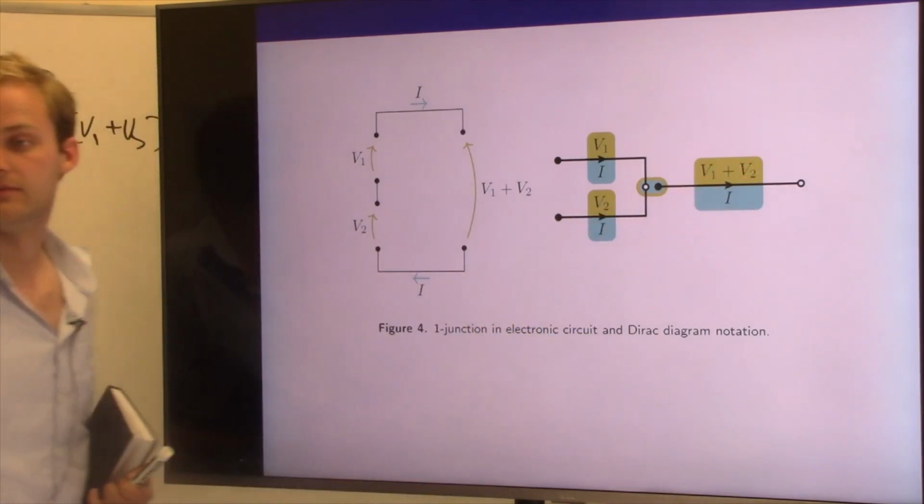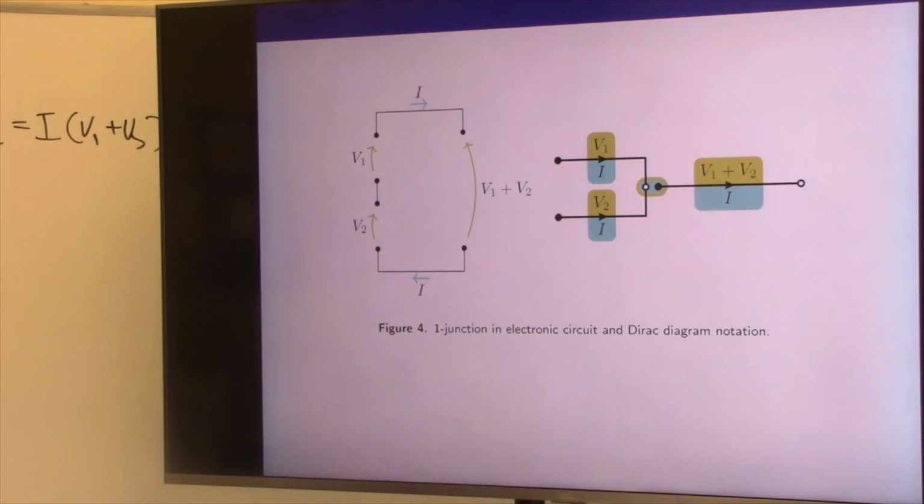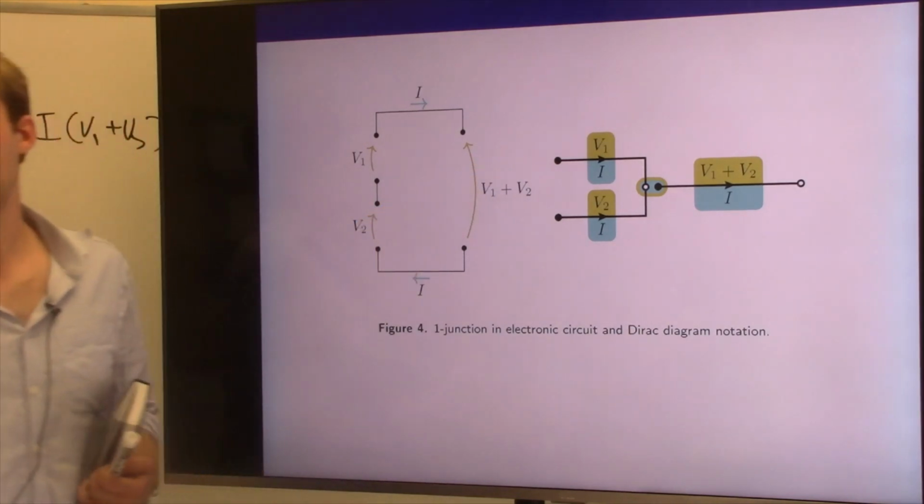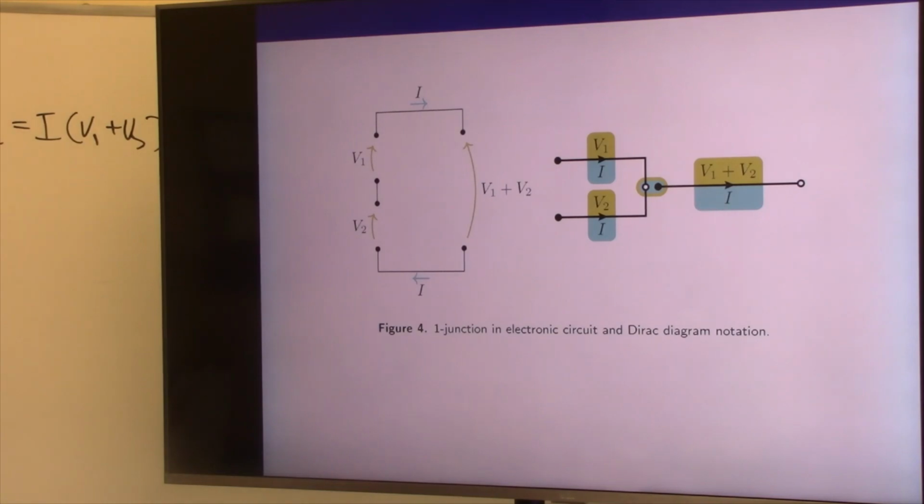Flow right now, voltage and effort is correct, or the other way around? You could pick either one to be either one. Generally, the convention is that current is flow. Okay. Good.